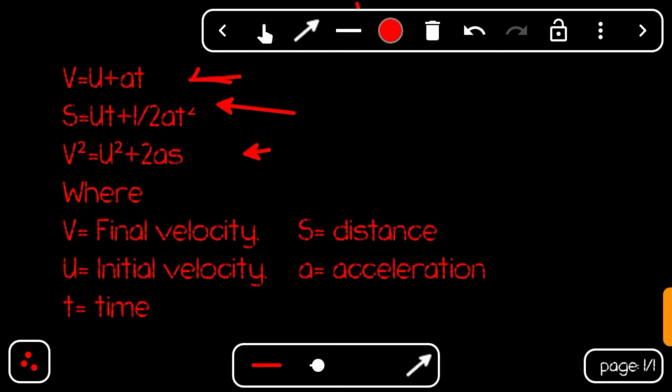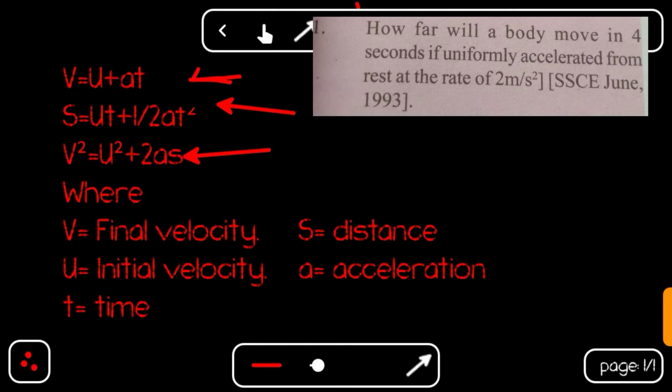The third equation of motion is v square equals u square plus 2as, where v equals final velocity, u equals initial velocity, t equals time, s equals distance, and a equals acceleration.